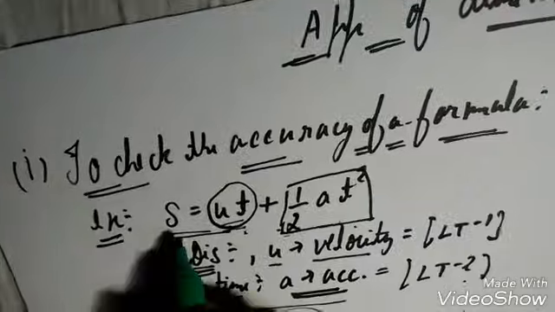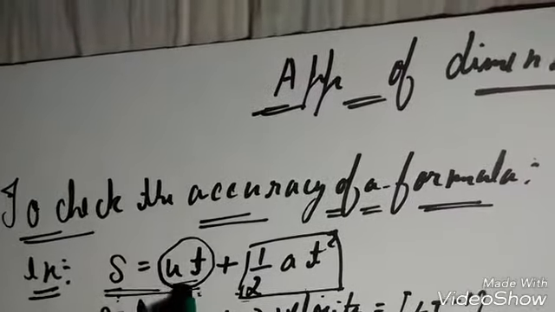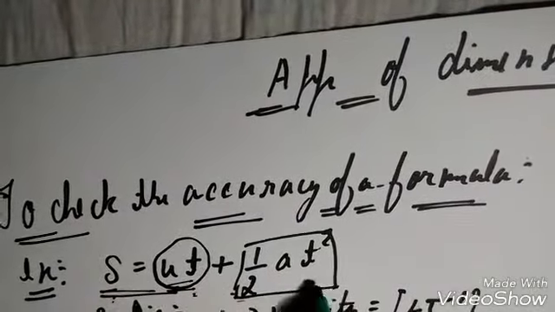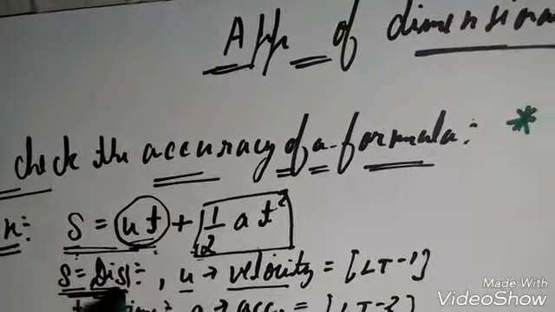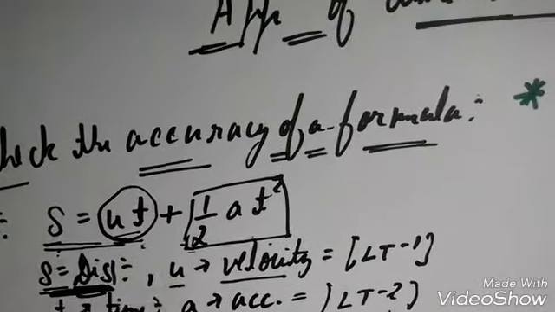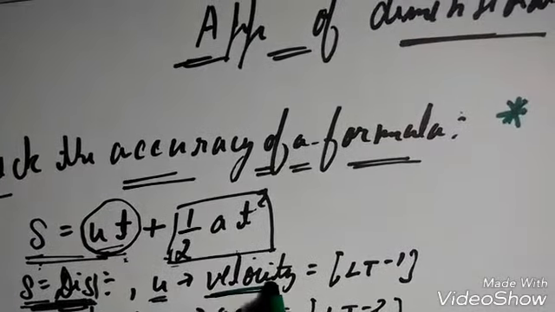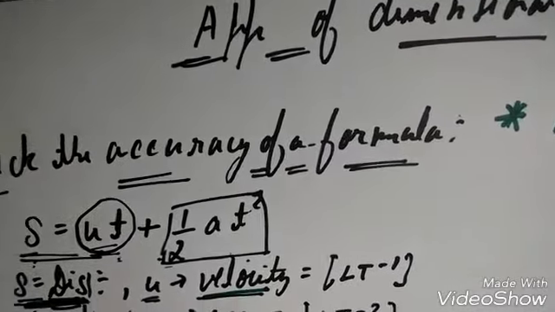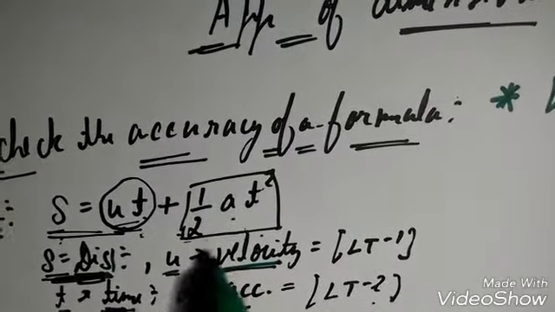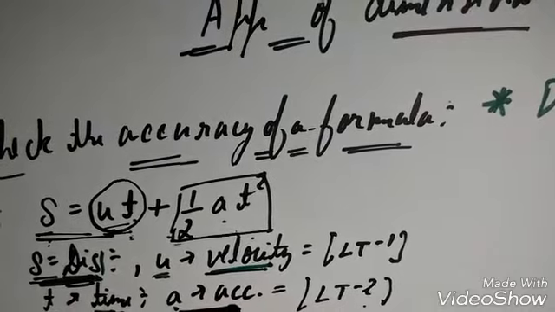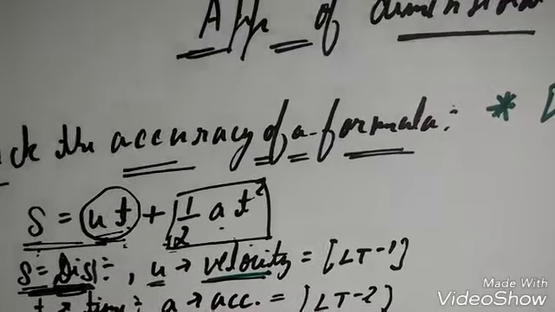Let we have a formula S is equal to ut plus half at square. In the given formula, S is denoting the distance, u is denoting the velocity, small t is denoting the time, and small a is denoting acceleration. Fine.